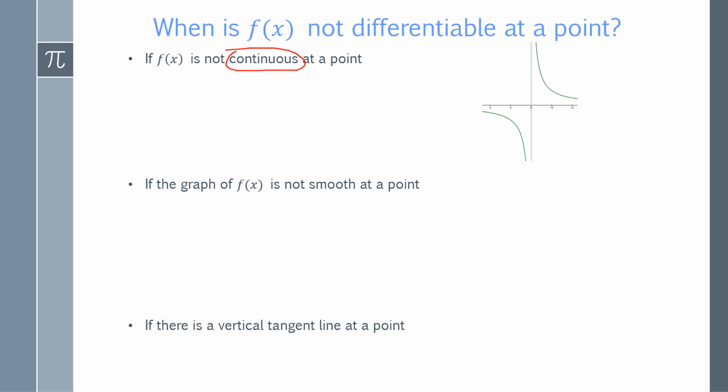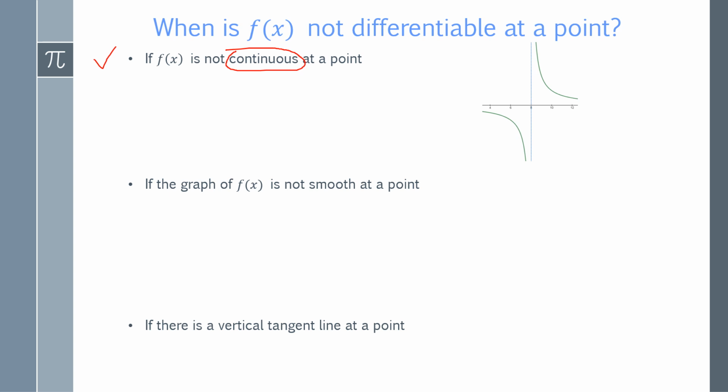For example, we have a rational function that has a vertical asymptote at x equals 8. So f is not defined at 8. It's not continuous at 8. It's not differentiable. So that is our first case.